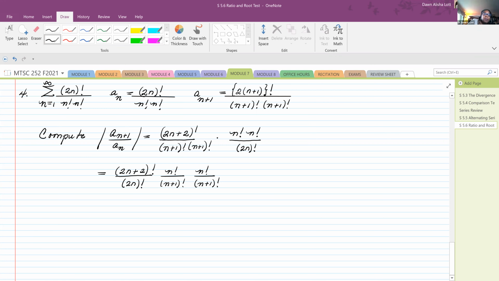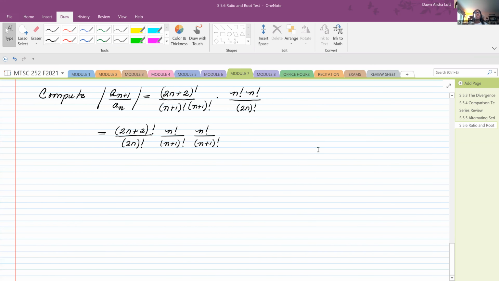Okay, so now what is (2n+2) factorial? So (2n+2) factorial looks like (2n+2) times (2n+1) times 2n times (2n-1), and then it's going to go all the way down to 3 times 2 times 1.